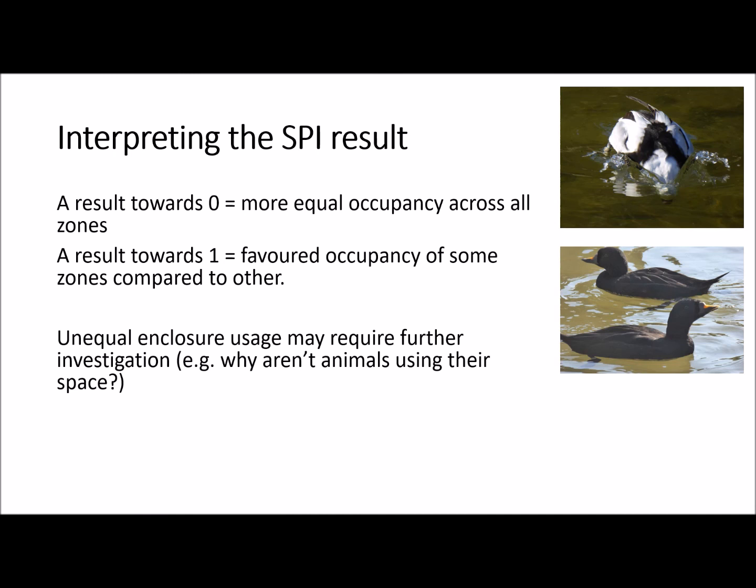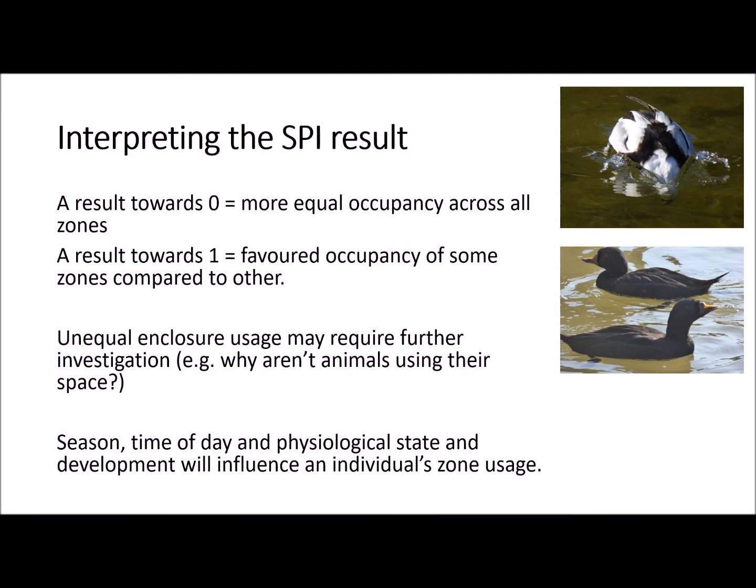It is important to remember that just because we see differences in space use between individuals and the fact that not all zones might be occupied doesn't necessarily mean an animal's welfare is poor. Season and time of day changes will influence when animals use their space. And likewise, an individual's physiological state and its development will also affect how and when it occupies certain areas of its exhibit.